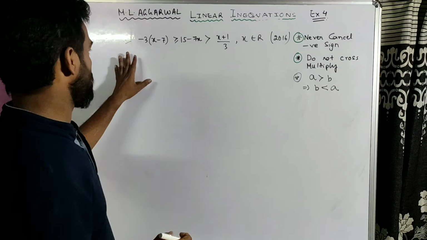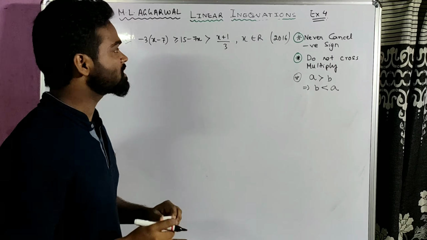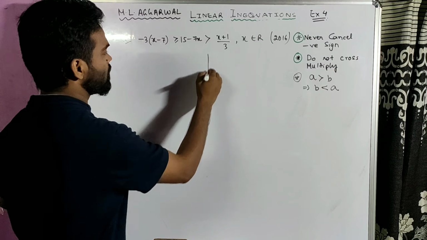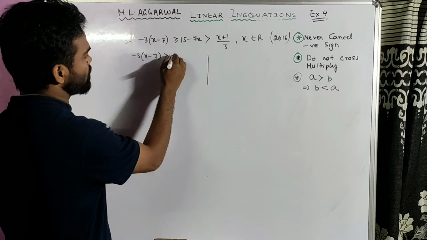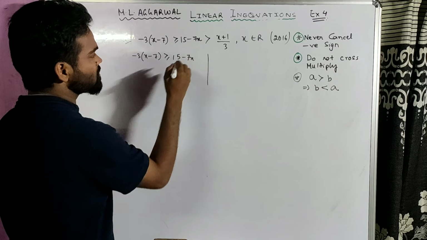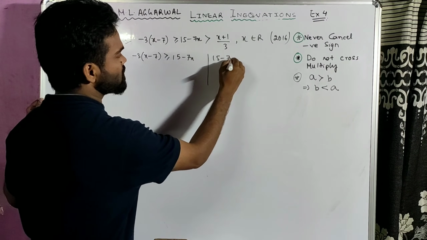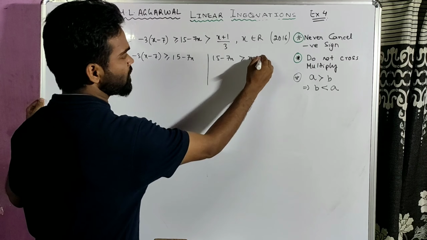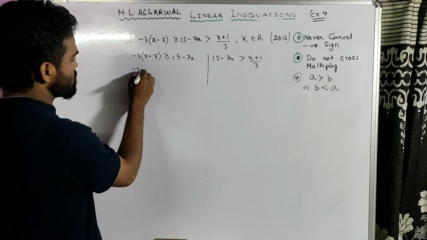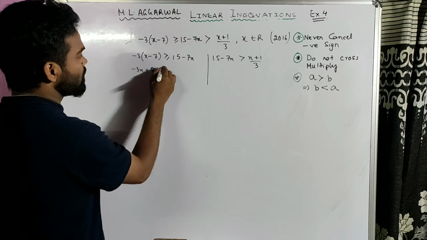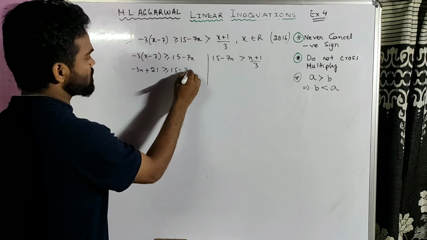Look at sum number 29. It came in ICSE 2016. Again, there are two inequations. Minus 3 times x minus 7 greater than or equal to 15 minus 7x, and 15 minus 7x greater than x plus 1 by 3. We'll just open the brackets, so this becomes minus 3x plus 21 greater than or equal to 15 minus 7x.